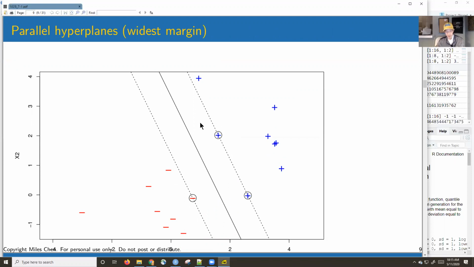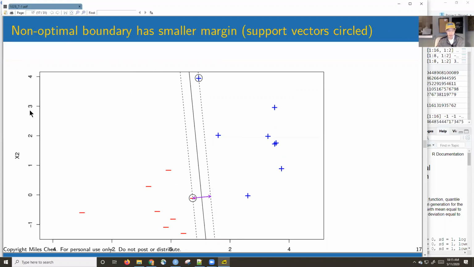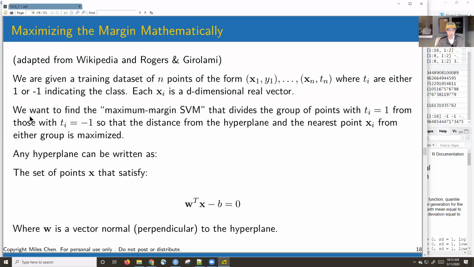Visually we can kind of do this, but we need some kind of mathematical way to express this. So this is how we go about doing this.